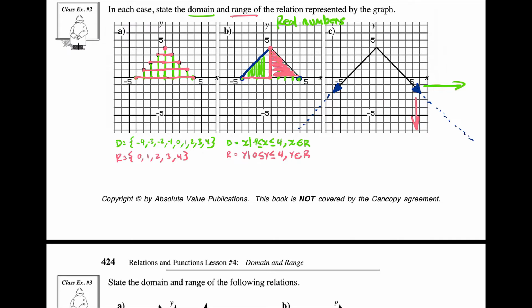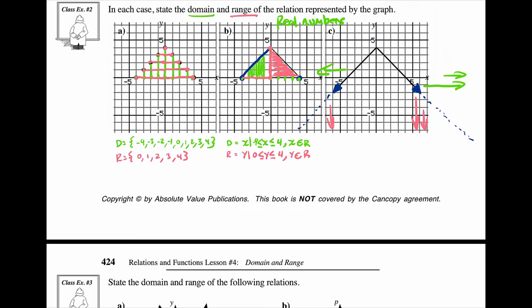So it's going to keep going this direction infinitely, and it's going to keep going down infinitely. And on the other side, it's also going down infinitely because of these arrowheads, and it's also going to the left infinitely.